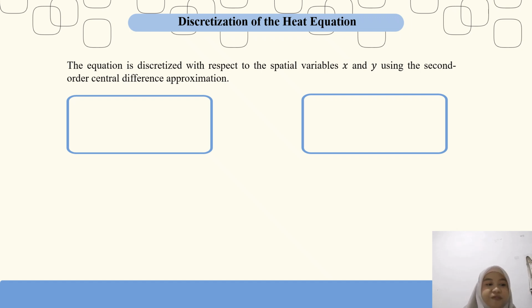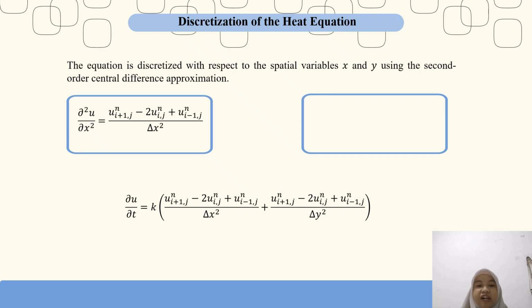The left side represents the spatial discretization in the x direction, while the right side represents the spatial discretization in the y direction.